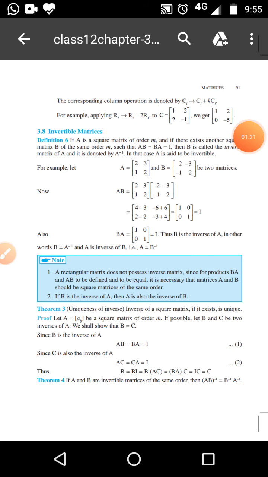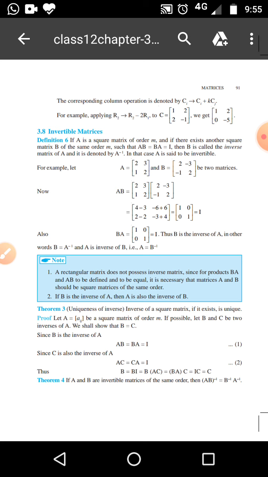Now let us discuss some theorems regarding this, that is, the uniqueness theorem. What is the uniqueness theorem? It means that if we are given matrices A and B such that AB = BA = I, then B is called the inverse of A, and B is a unique matrix. We can say the inverse of a matrix is unique.